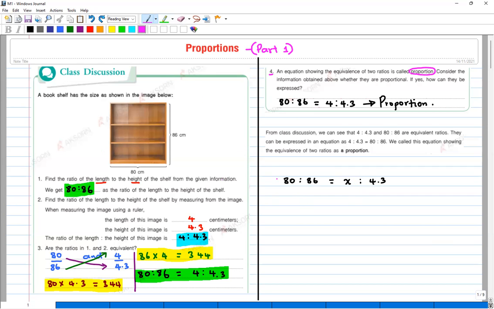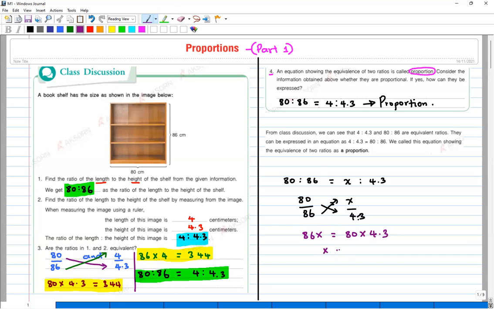Now, for instance, we can say that we have 80 out of 86 is equal to x out of 4.3. And now, when we use cross multiplication, we get 86x is equal to 80 times 4.3.